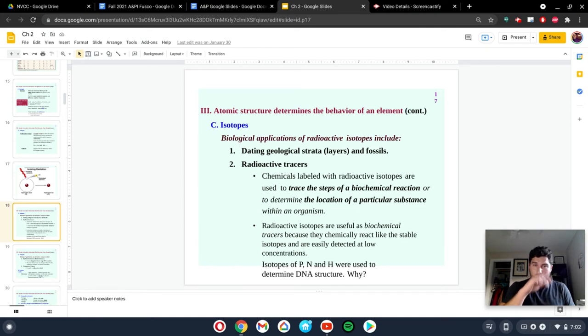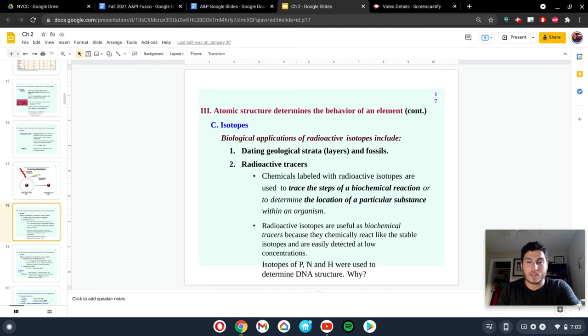But in the body, we can use radioactive tracers, or biomarkers is another word for it. These chemicals are labeled with a radioactive isotope. So basically, you take a chemical and you toss a couple of these radioactive isotopes in. Think of it like a Lego block. Remember before we talked about elements being Legos? Think of it like a Lego block, except a little extra. Maybe I painted it with glow in the dark or a highlighter.